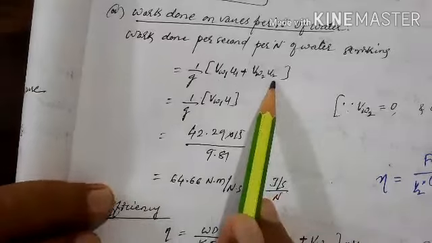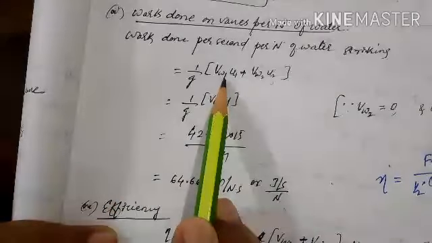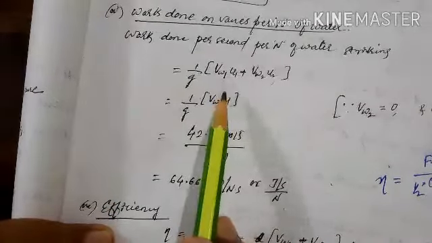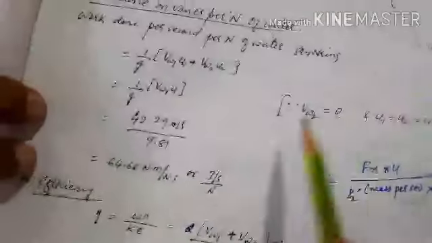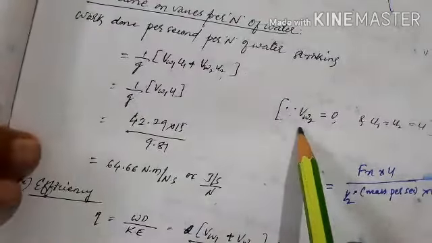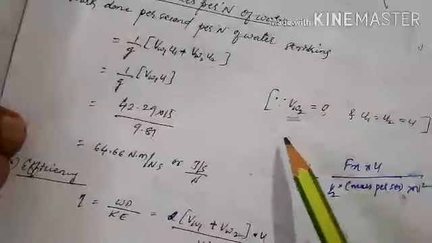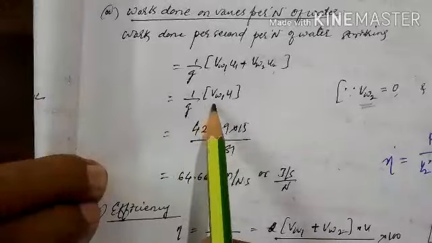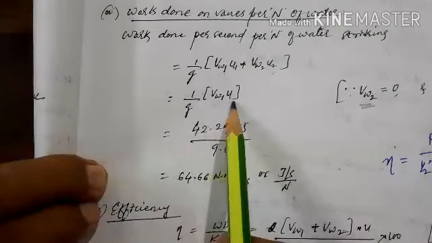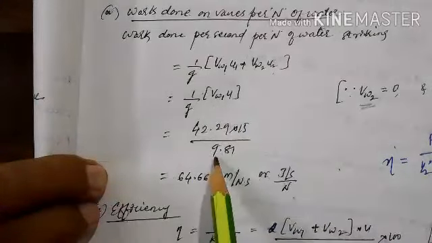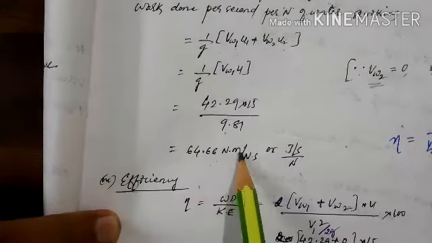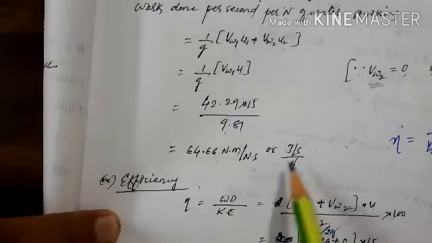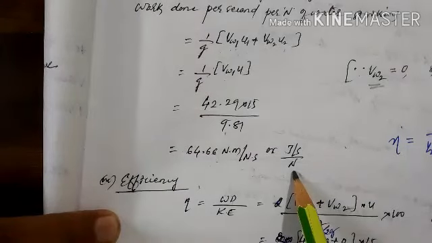But U1 equals U2, and the whirl velocity at outlet will be 0, because the jet is leaving by making an angle of 90 degree, so the whirl becomes 0 there, and U1 equals U2 equals U. Then finally we get 1 by g VW1 into U. Substitute here, and you will get 64.66 Newton meter per Newton per second, or joule per second per Newton.